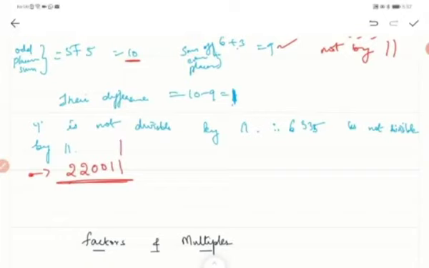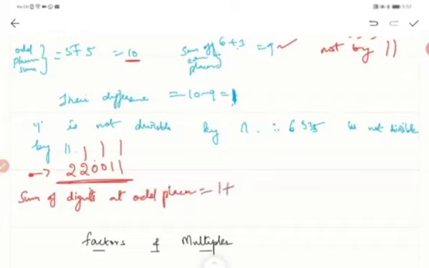So this one, and after leaving one space, this number. So the sum of digits at odd places is 1 plus 0 plus 2. This is how much? 3.